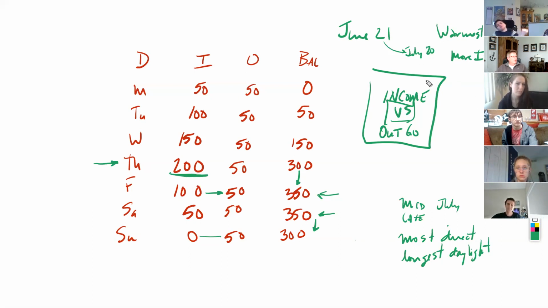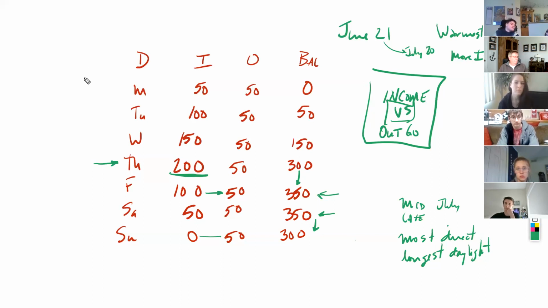Once we get to the end of July, what starts to happen? The outgoing is greater than the incoming, and the temperatures start to come back down. So what day of the year is going to be the coldest day? Is it sometime after the winter solstice?